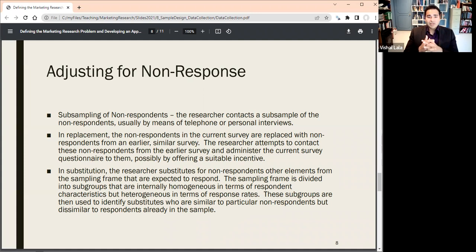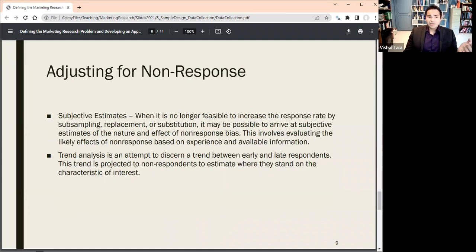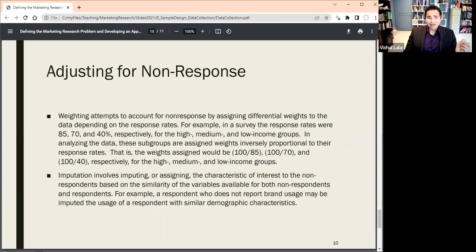The other alternative is to consider other ways, like, for example, using data from a previous survey or some sort of substitution. There are also other methods like using subjective estimates, trend analysis, and lastly, you might use some sort of weighting or imputation method to address non-response issues.